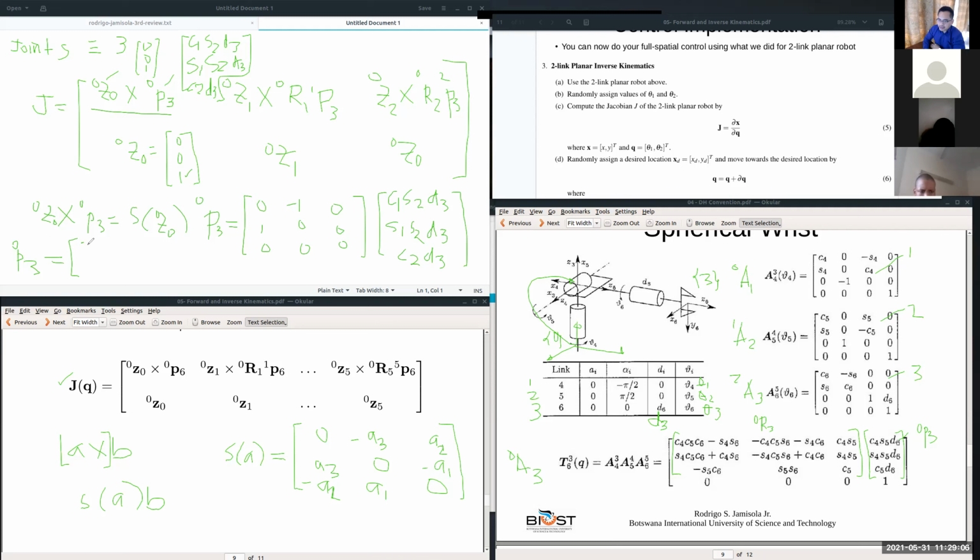So this is minus S1, S2, D3. You get it? Next row, this one plus 0 plus 0, so this is C1, S2, D3.